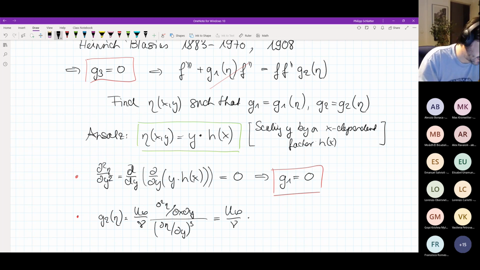Well, I guess this just gives me an h prime from the derivative with regard to x, and then the derivative with regards to y gives me the factor of 1. And then if I'm doing the derivative of eta with respect to y, I of course get h of x, and then this to the power of 3 gives me h to the power of 3. Actually, this is all a function of x.